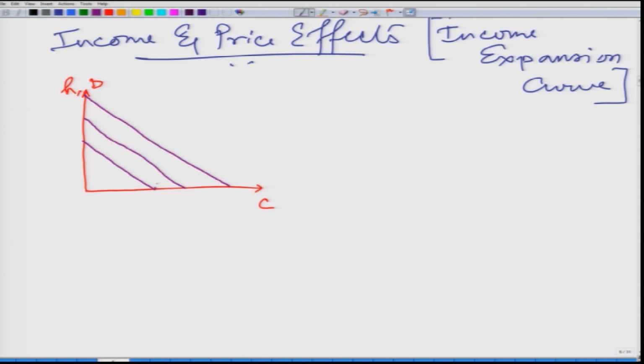Budget line 1, more income, budget line 2, more income, budget line 3. And with these respective incomes, I have different preference levels, and these preference levels can be stated over here, and over here. So which gives me an income expansion curve something like this.